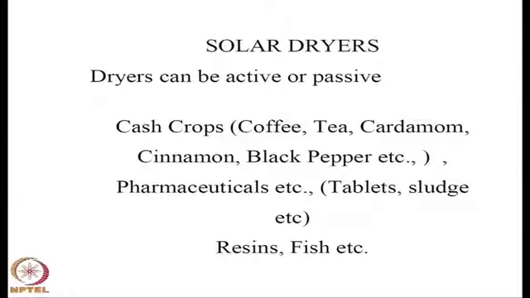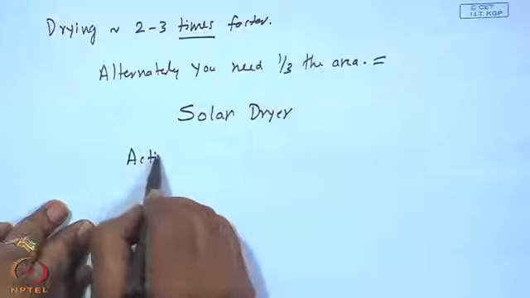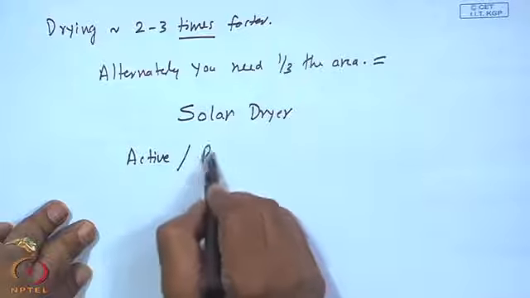Then you can have a conventional solar dryer, which may be active or passive.